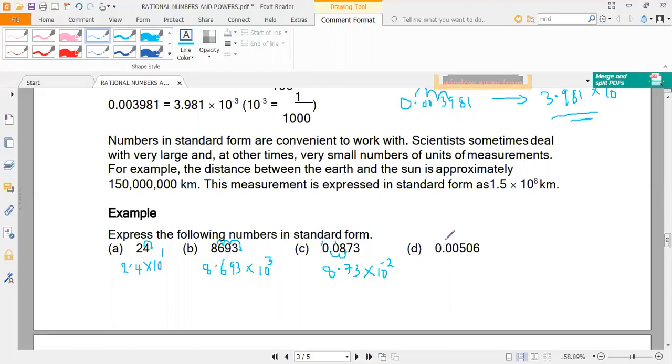In this next case, we shall move 1, 2, 3 steps in front. So the answer will be 5.06 times 10 to the power negative 3, since we moved 3 steps in front or to the right.